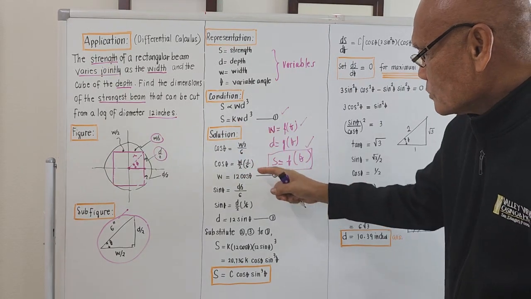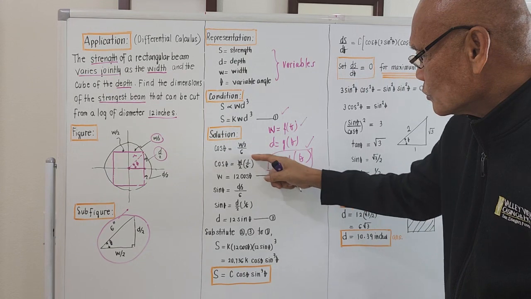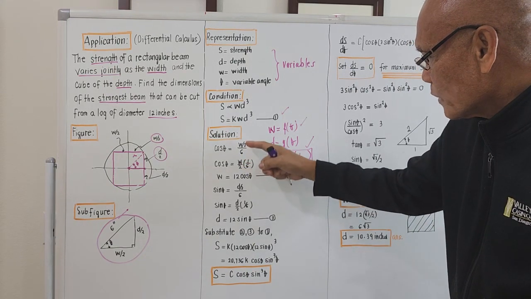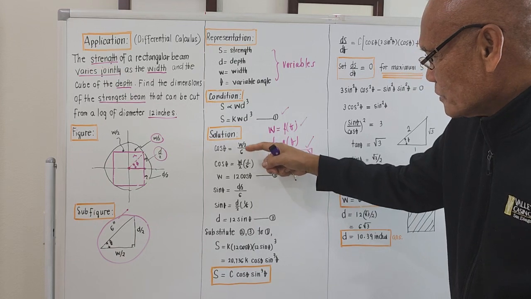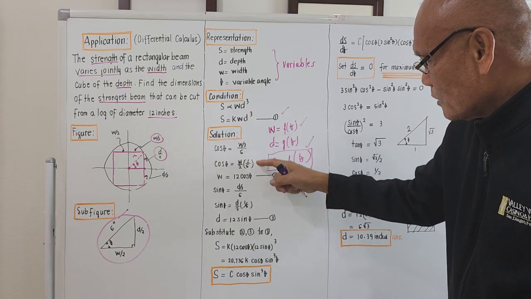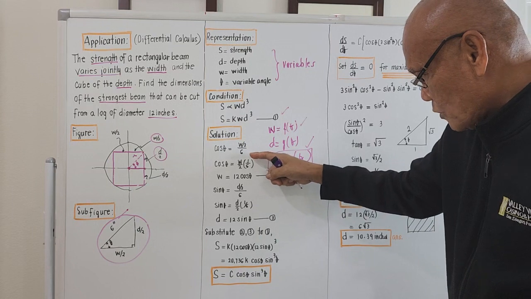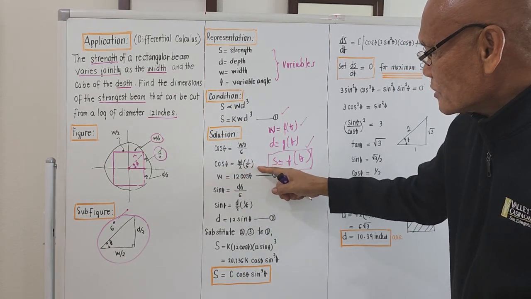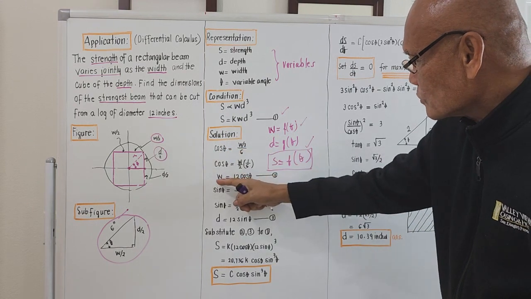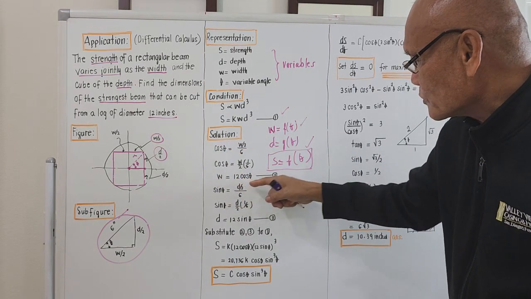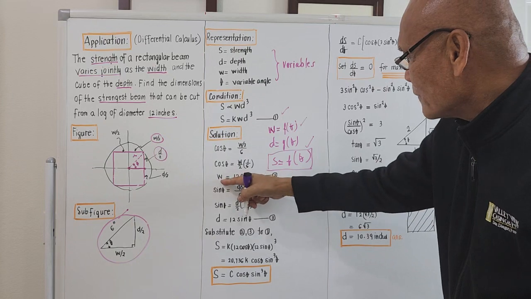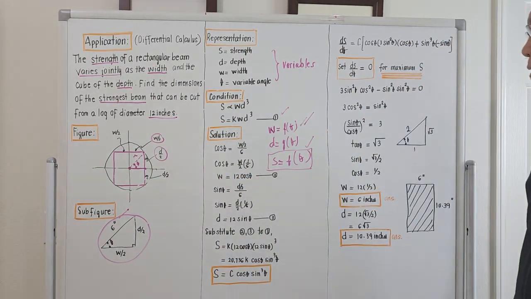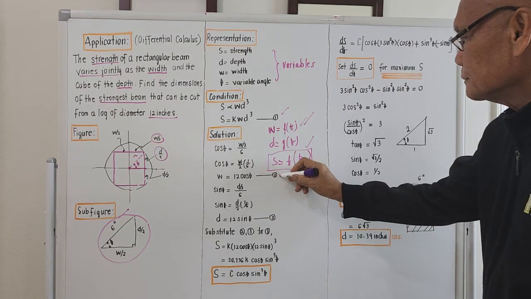We change the operation from division to multiplication and invert the denominator. So W now will be 2 times 6, which is 12, times cosine of theta. So W will be 12 cosine of theta. So we are now given W as a function of theta. That will be equation number 2.